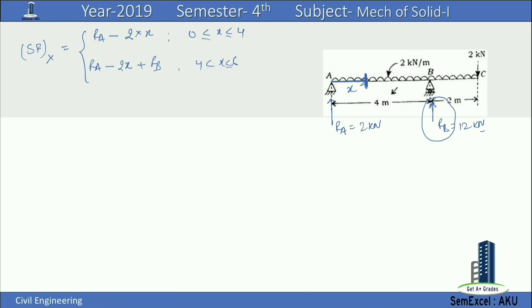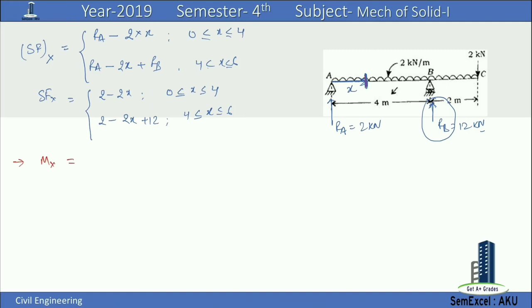So the shear force at x is equal to RA, which is 2, minus 2 into x for x in between 0 to 4, and 2 minus 2x plus 12 if x is in between 4 to 6. We have calculated the shear force. Now we will calculate the moment at section x.